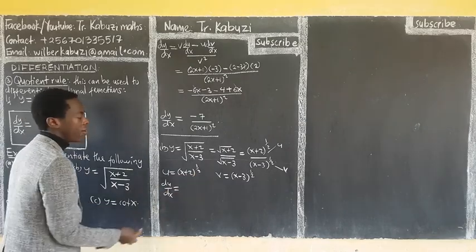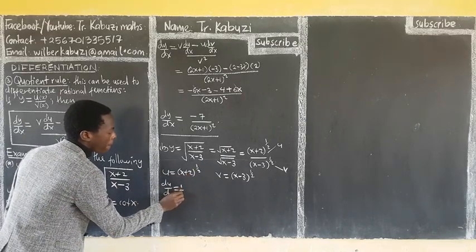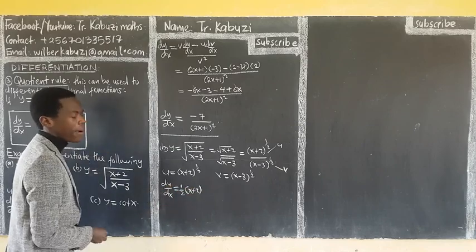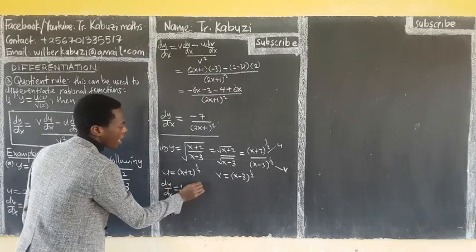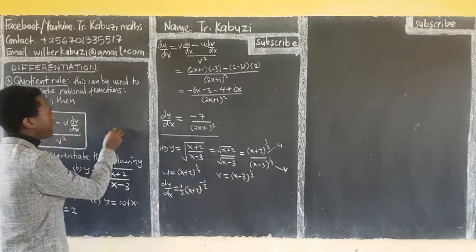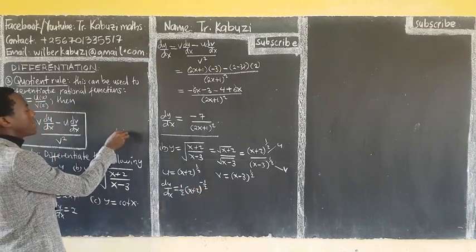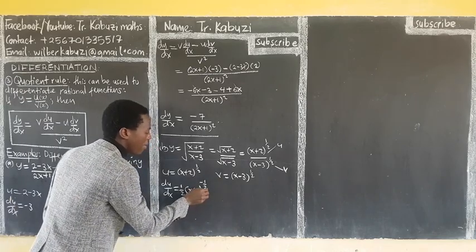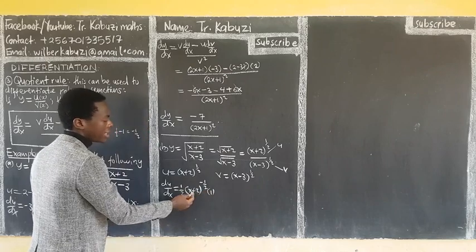Here we are going to use the chain rule: lower the power, maintain the bracket, reduce the power by 1. A half minus 1 will be negative a half. Then when we differentiate the bracket, we get a 1.